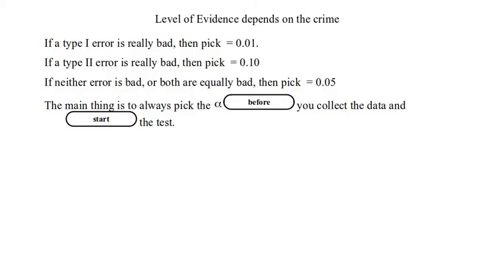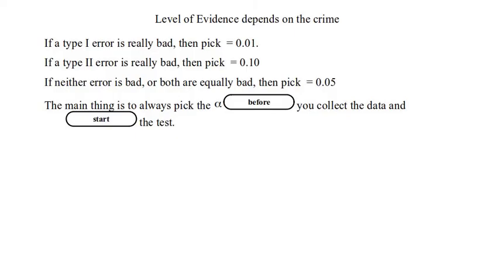In that case, if the null hypothesis is false, that is, if the manufacturer's batteries don't last as long as they claim, but we fail to reject that claim, in other words, our analysis says, nope, the batteries are fine, no need for concern, then we're basically putting someone's life at risk.